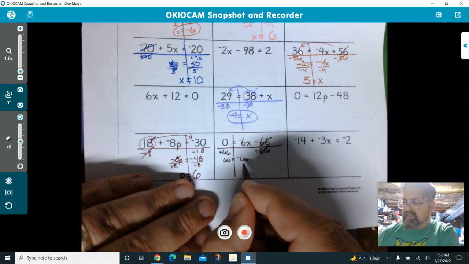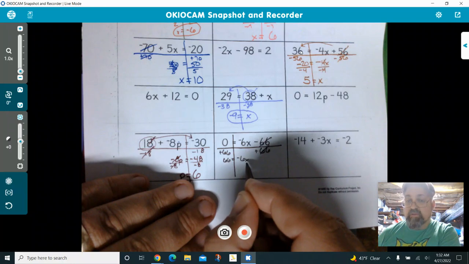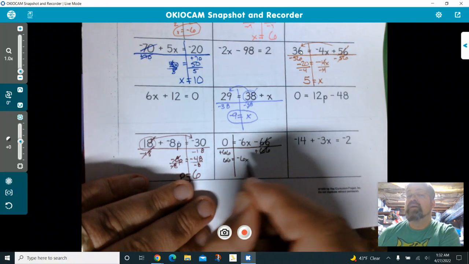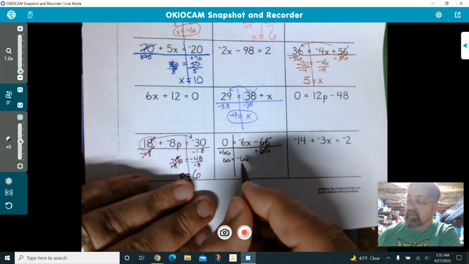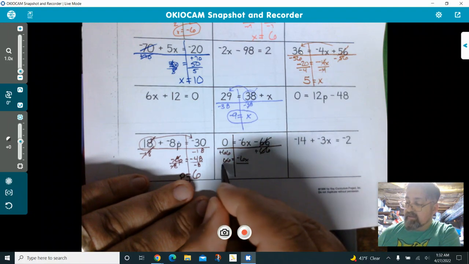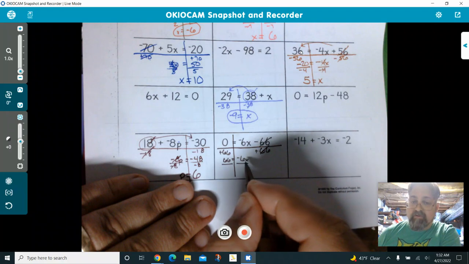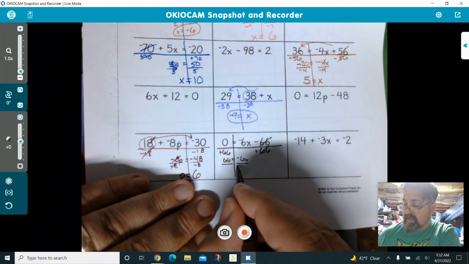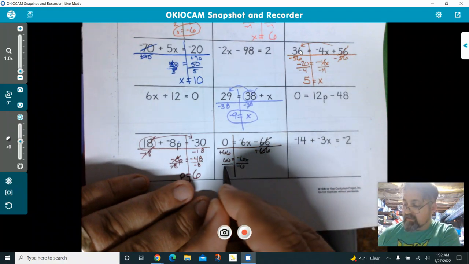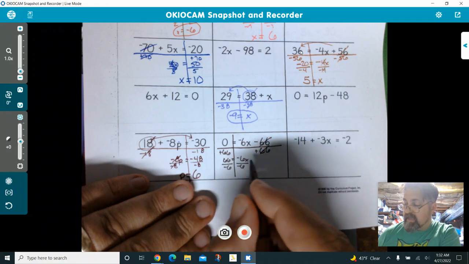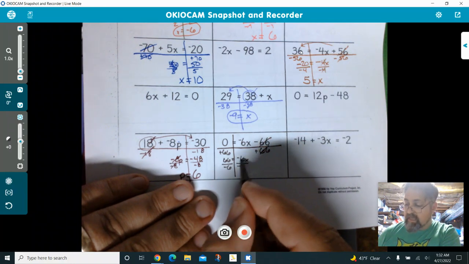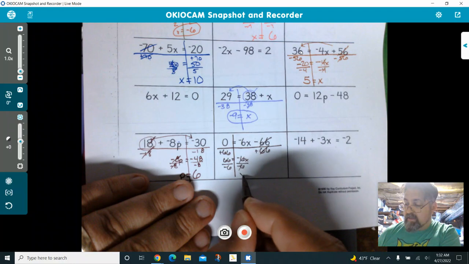So negative 6 times this number. So in order to figure out this number by itself, do the opposite of times, which is divide. What am I dividing by? The number in front of my x. Negative 6. Okay. These cancel and go away.